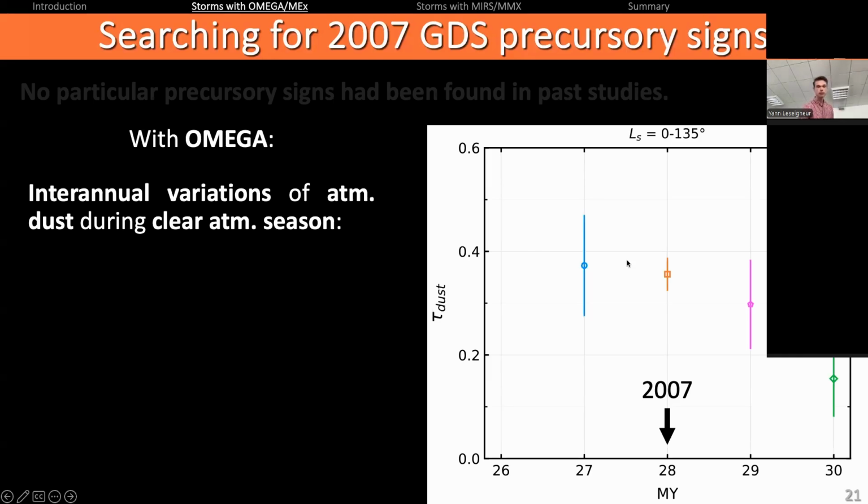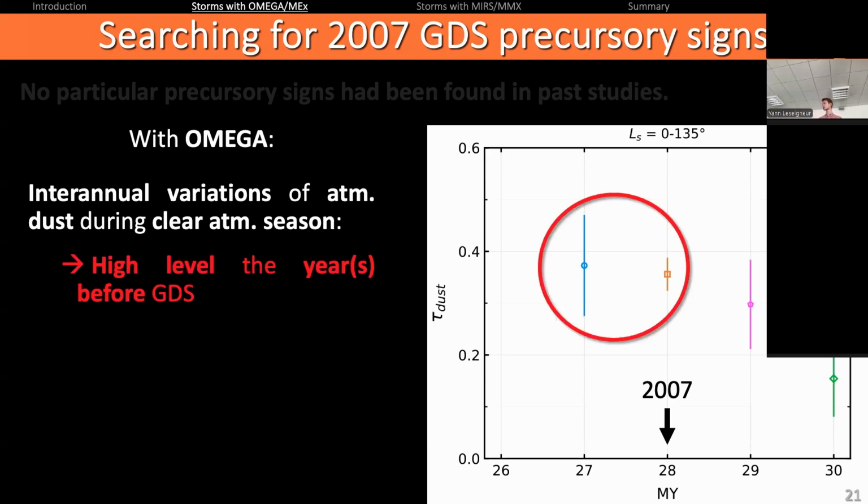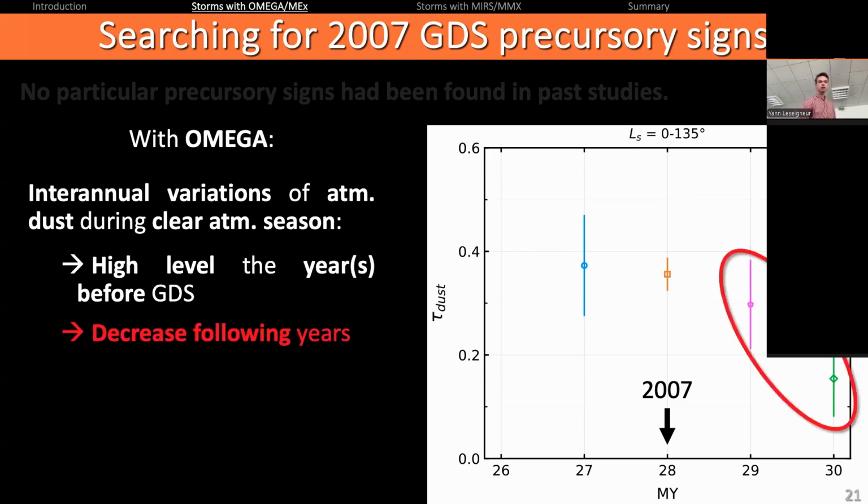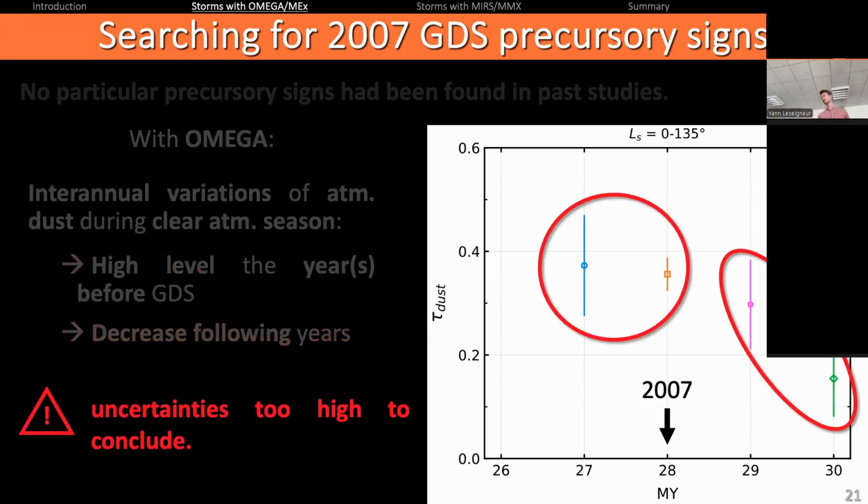We can notice that during the 2 Martian years, Martian year 27 and 28, before the onset of the global dust storm, we have this kind of high level of dust optical depths. And then we have a decrease of this dust optical depth in the following years. So maybe it could be a precursory sign of the global dust storm, but the uncertainties are very high, so it's hard to conclude about this, but it can give an idea of a kind of precursory sign.